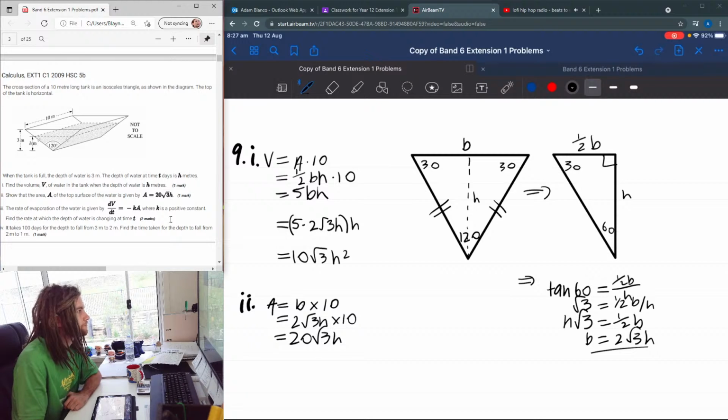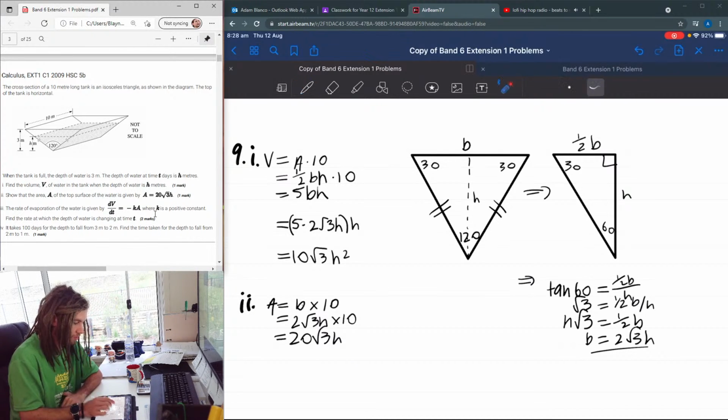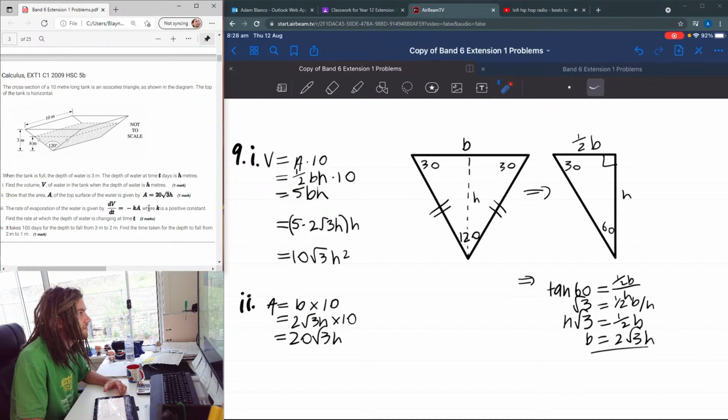Now this one, the rate of evaporation of the water. Find the rate at which the depth of water is changing at time t. Okay, well, they've given us, see how they've got the question right before it with A in it, and my differential equation here has A in it, so I can just directly substitute that.